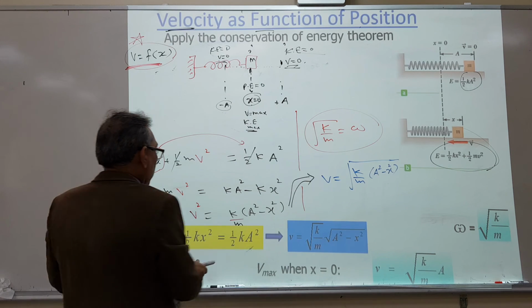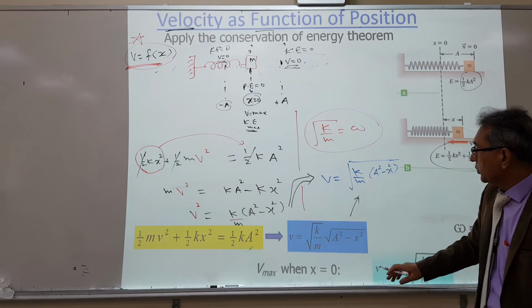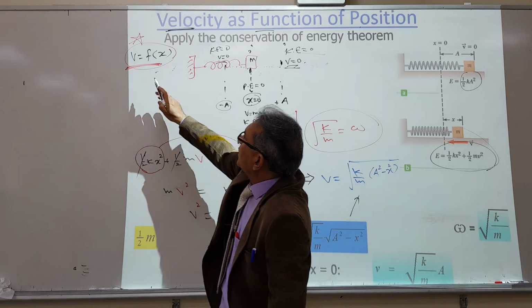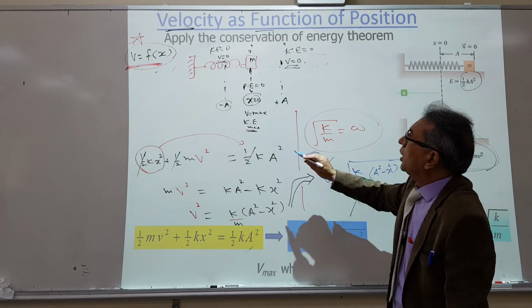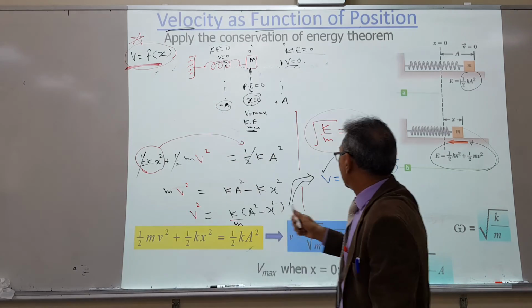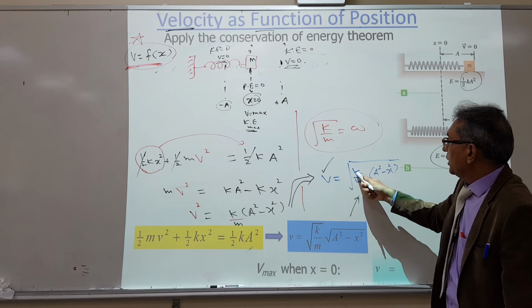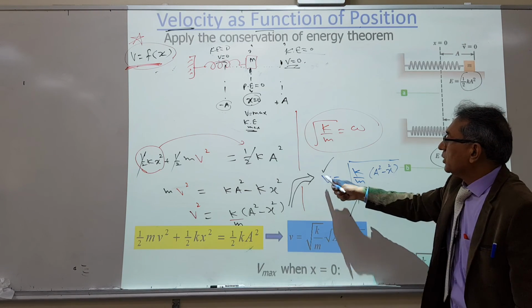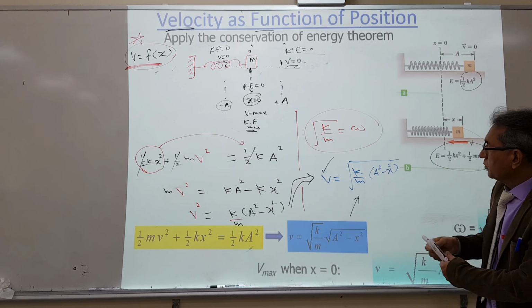This is the same equation, I wrote it here, nothing new. You see finally what we needed: velocity on the one side, and on the other side a function of x. Since amplitude is constant, K is constant, m is constant, velocity only depends on the position x.